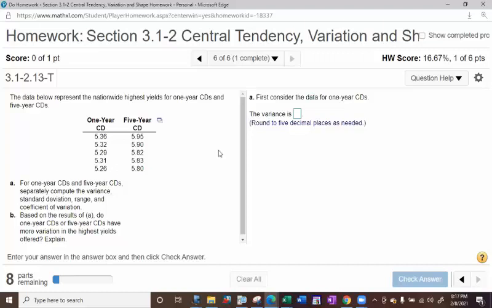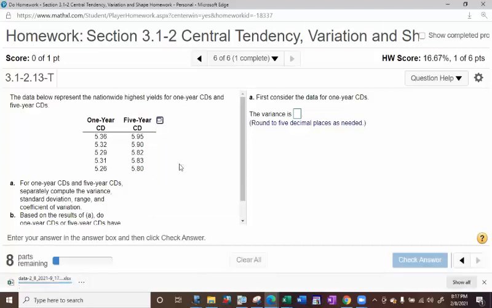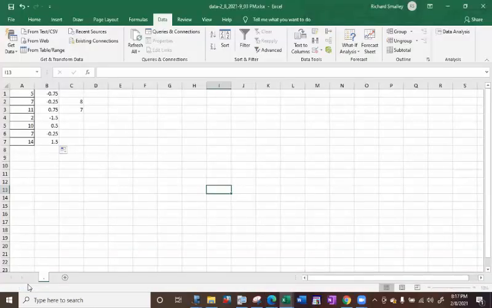Okay, so let's take a look at this. We got two different categories here. Come on now, open up.